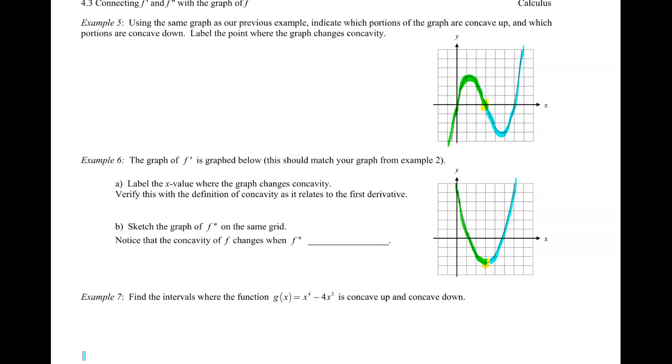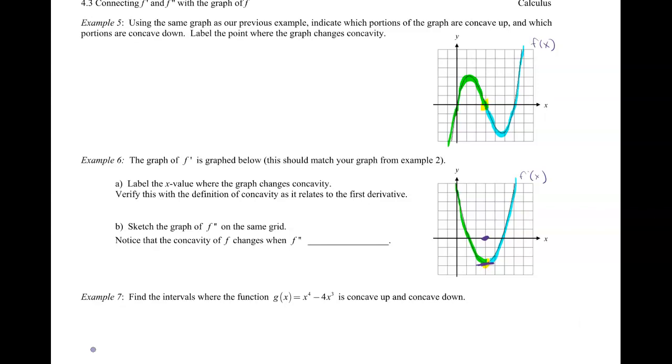So it does say sketch the graph of f double prime on the same grid. So if this is f prime and this is f of x, that means f double prime of x is going to have a slope of 0 here, which means that I should have an x-intercept on f double prime, which I'm going to be drawing in purple.